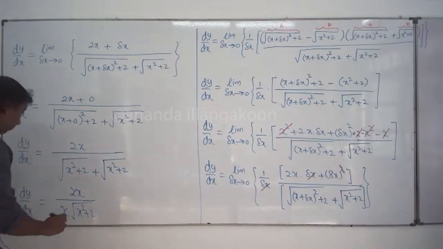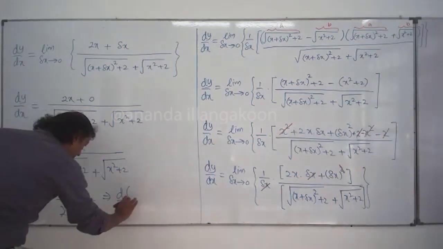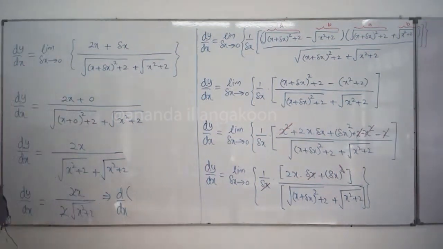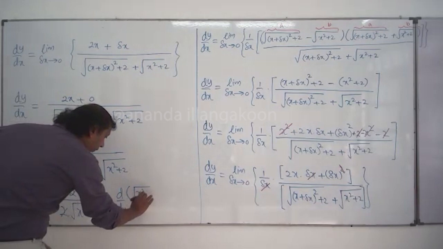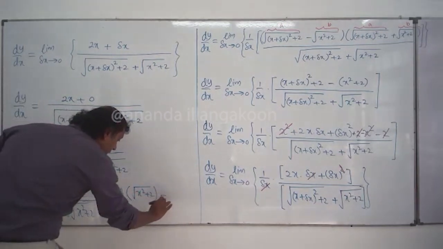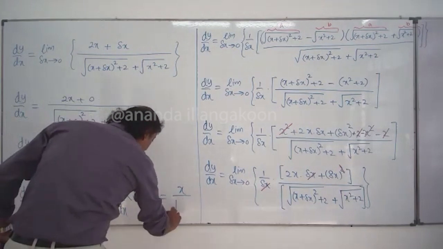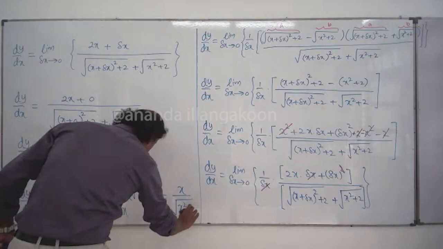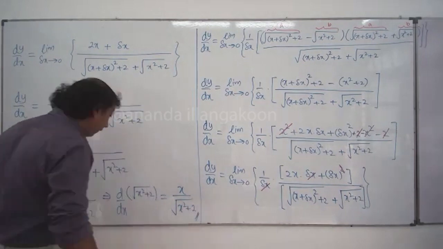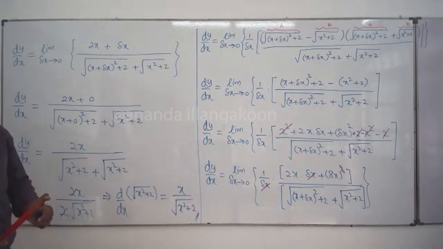Then you get the answer. d upon dx of y, where y is the square root of x squared plus 2, its derivative is x upon root of x squared plus 2. Understand? That is how we take the derivatives.